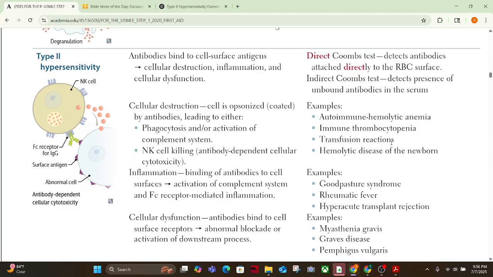That means that baby has an A antigen and a Rh antigen on her cell membrane.